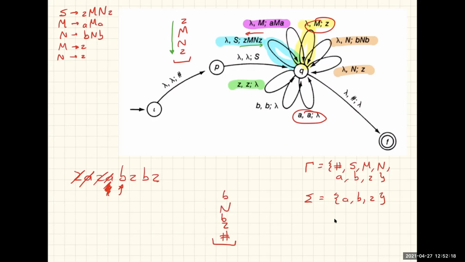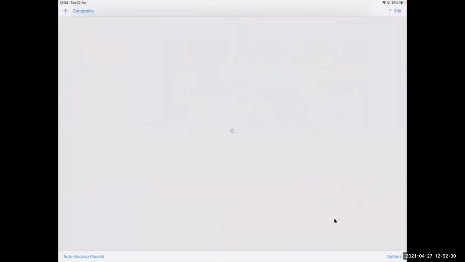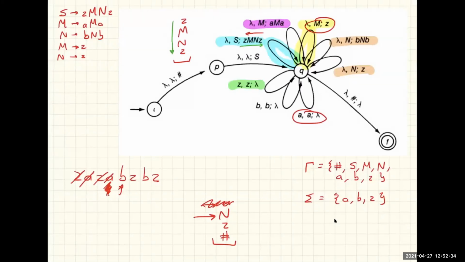And now we are able to consume this B. Okay, and now we can follow this second rule, and we will change this N for B and B. I think we did this already, but with the interruption, we need to change again.